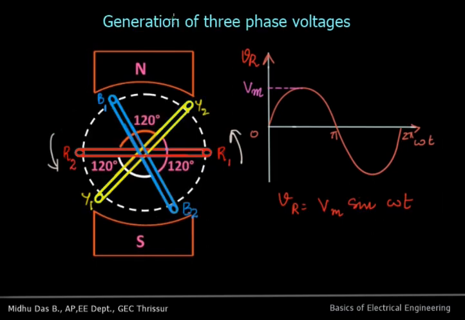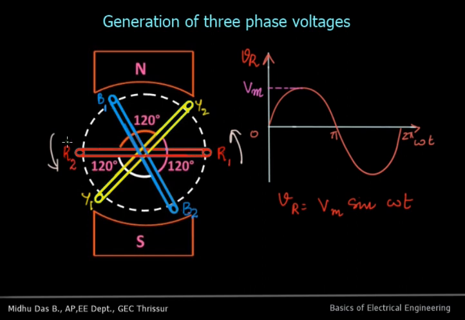Now let us see how three-phase voltages are generated. Three-phase voltages means you have three identical coils. Now we have renamed the A1 conductor as R1, R2, and there are two other coils Y1, Y2 and B1, B2, which are identical in construction to the coil R1 R2, but these coils are displaced from the R1 R2 coil by 120 degrees each.